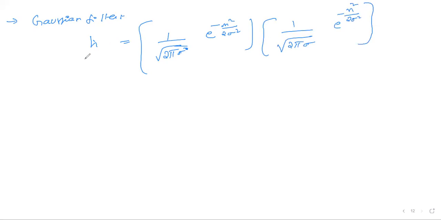This is for a continuous image. Generally for a digital image we have to write it in matrix form.